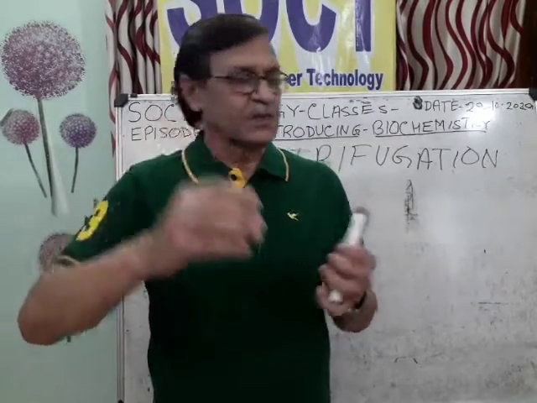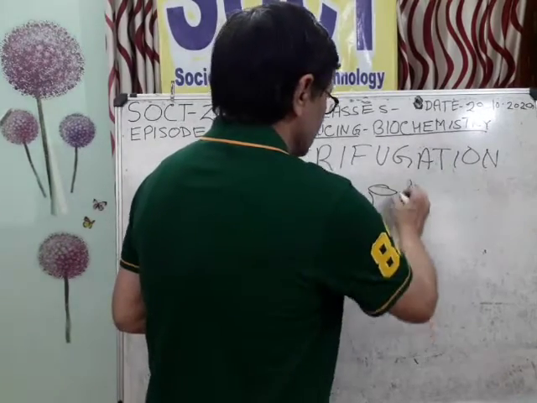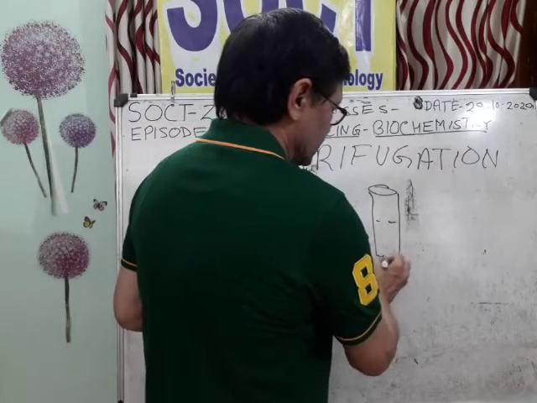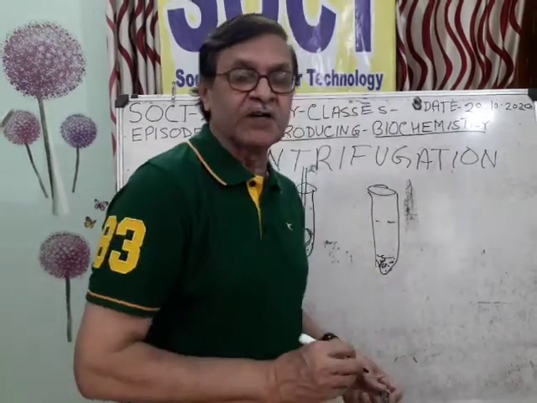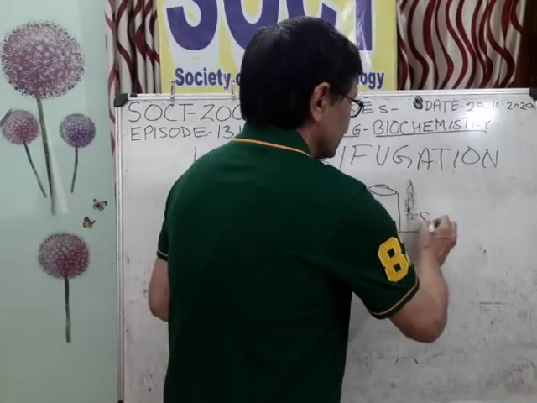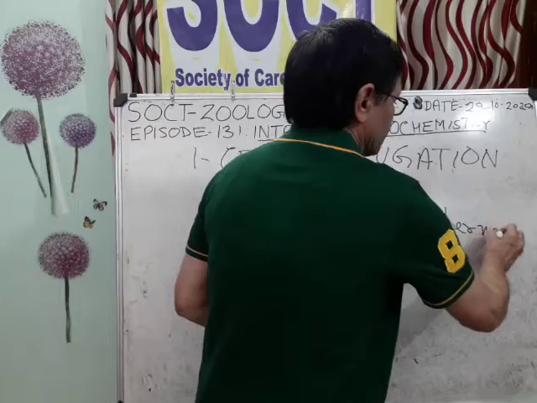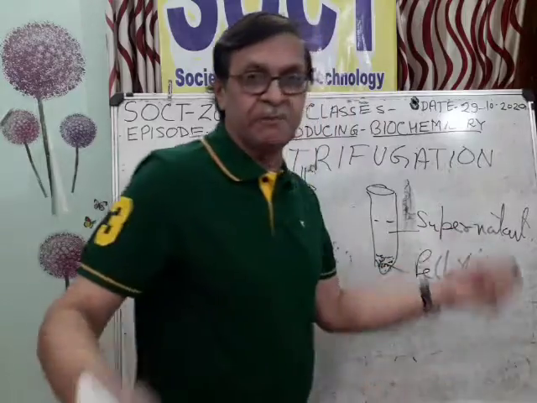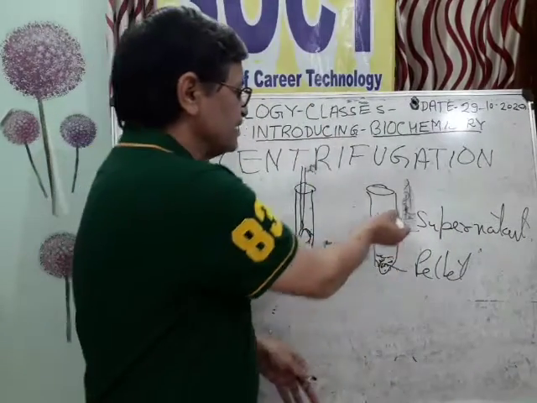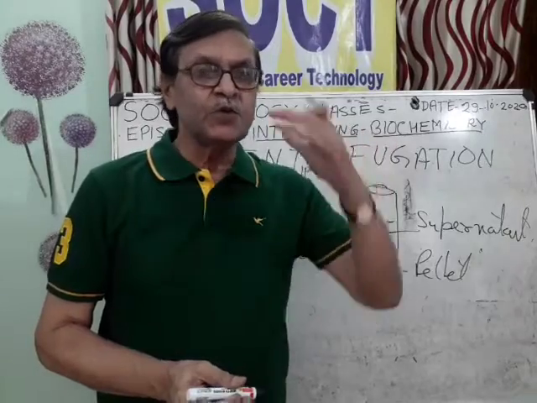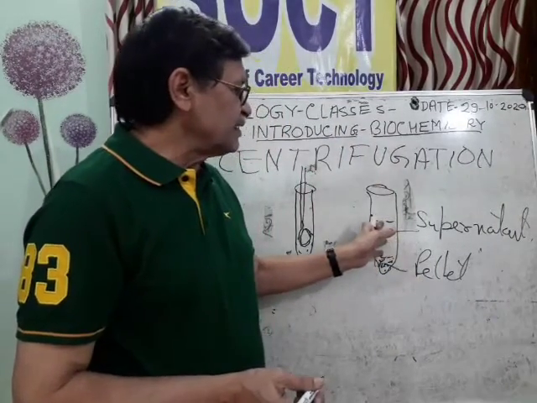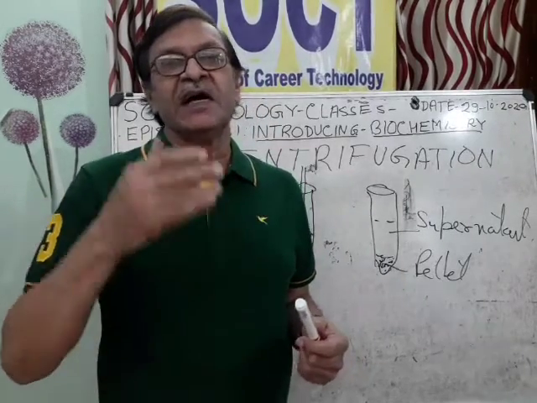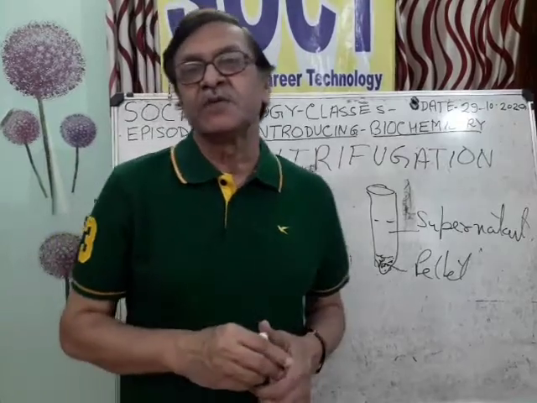First of all, the mixture is centrifuged in a centrifuge tube, and the heavier portion is collected at the bottom, and the lighter portion is called the supernatant. The precipitate is also called the pellet, and the supernatant is again taken into another centrifuge tube. First the nuclear fraction is separated, then the remaining supernatant is centrifuged at a still higher speed.